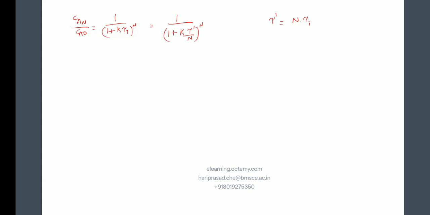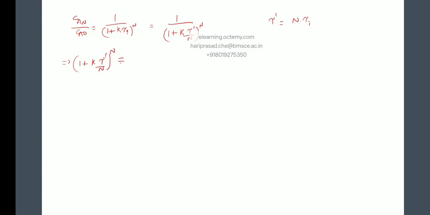So I will rearrange this. This 1 plus k tau dash by n whole to the power of n, I will bring it to the left hand side. Then this CAN by CA naught, I will bring it to the right hand side. Then this will be reversed, it will become CA naught by CAN. Correct?